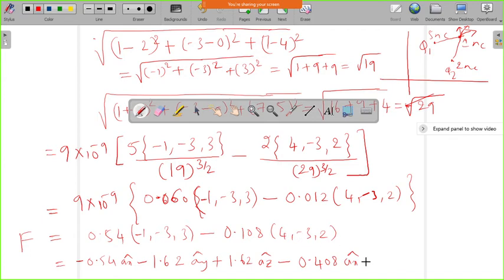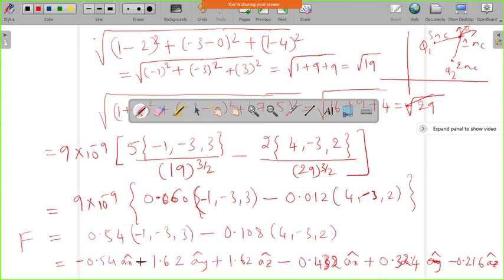Minus into minus will become plus, so in the AY direction it is 0.324. And it is 0.216 AZ. Is it not?